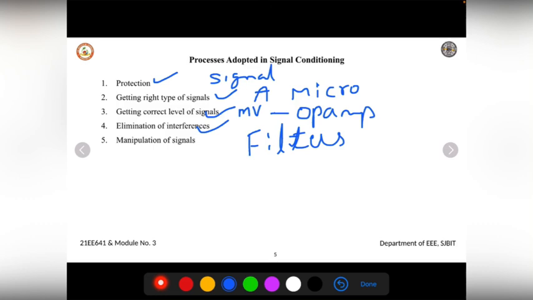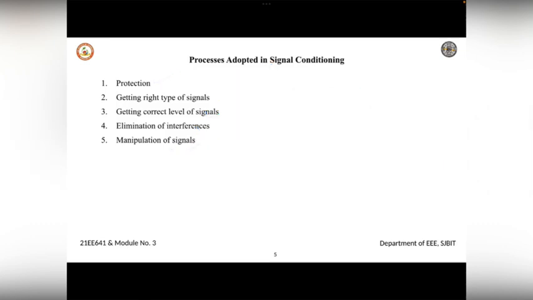Filters are widely used to eliminate this kind of signal. Finally, manipulation of the signal: the output signal may be non-linear in nature, so it needs to be linearized, and vice versa. That is where we manipulate the signal. This is regarding the signal conditioning system, how it happens, and what processes are adopted to condition the signal. So thank you.